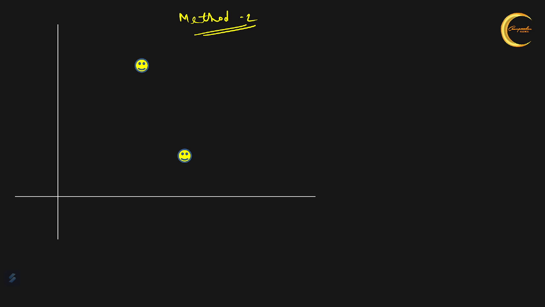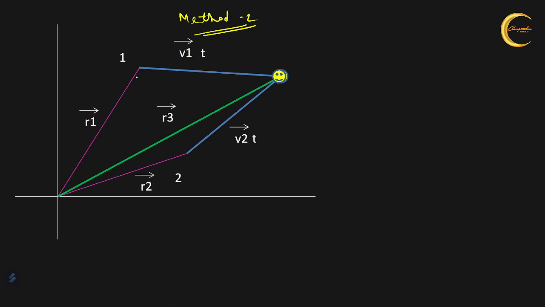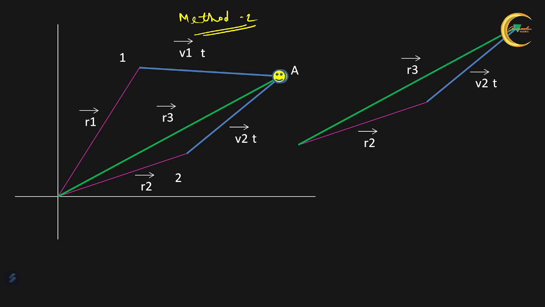By this method, suppose there are points 1 and 2, and these two are moving and meeting at a point. So this is the vector triangular law.